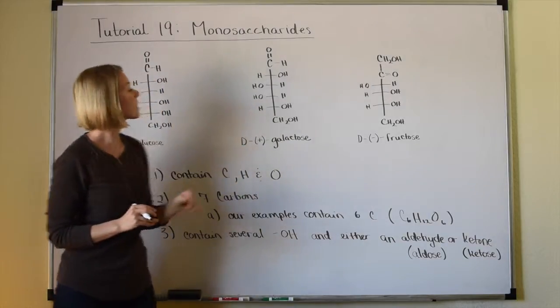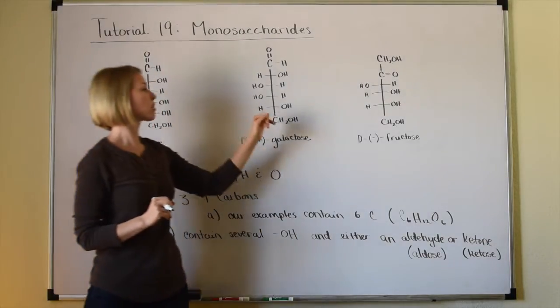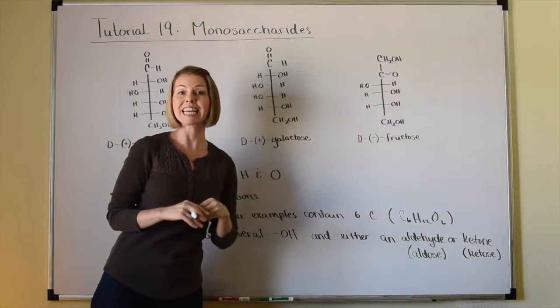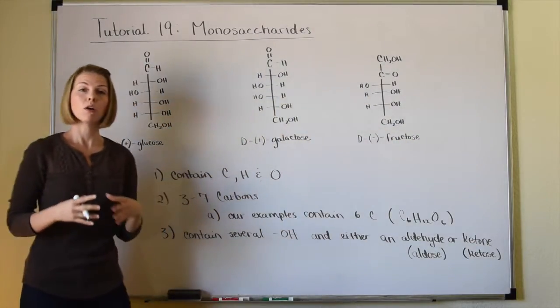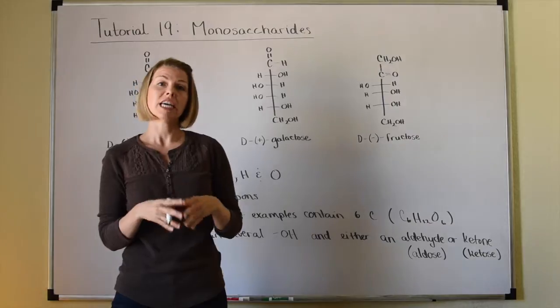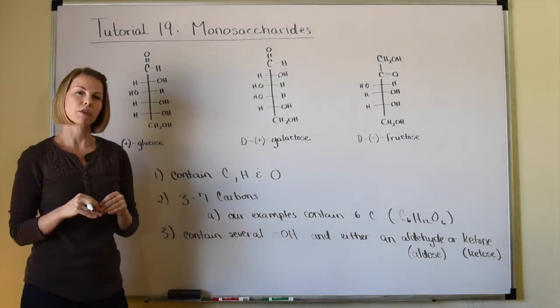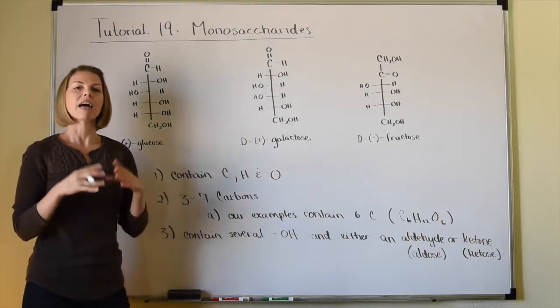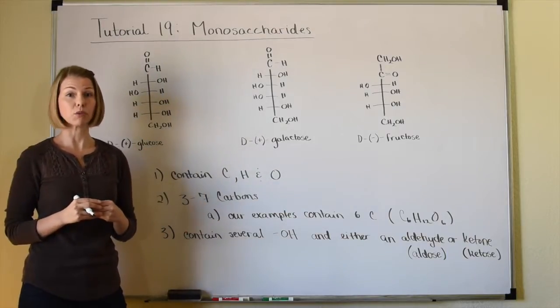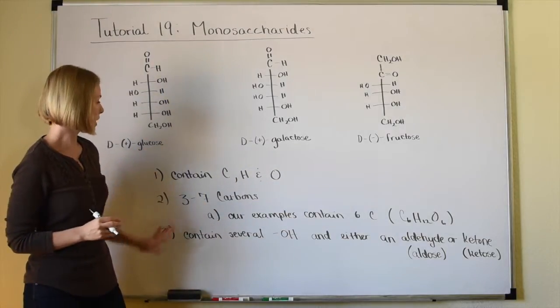All right, notice that all of our monosaccharides are drawn in Fischer projection. We talked about Fischer projection in our last tutorial, tutorial number 18, but I do want to just give you a very quick reminder of how to interpret a Fischer projection. So I'm going to go ahead and erase these bullet points here, 1 through 3.